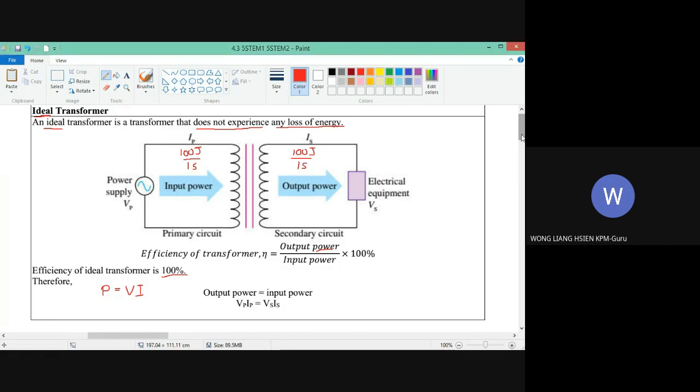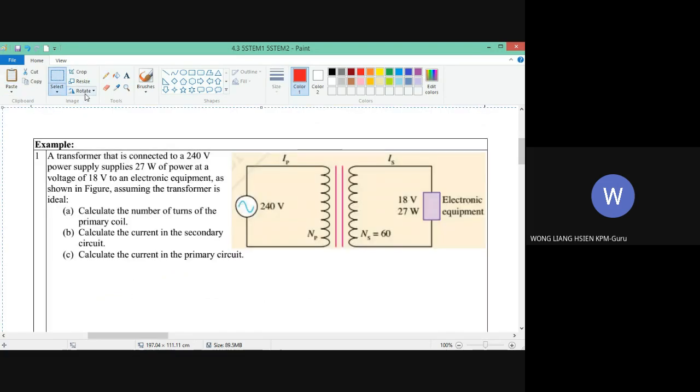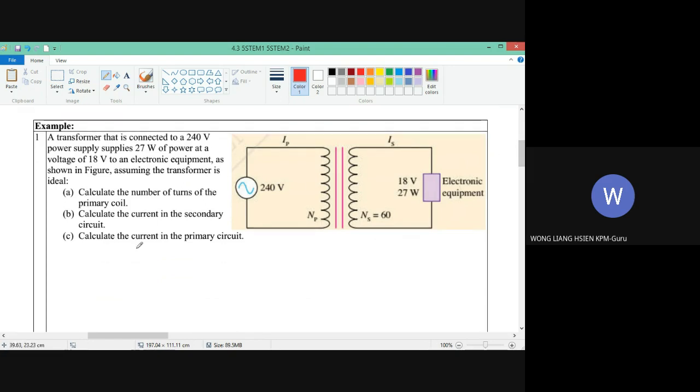Let's look at an example. A transformer that is connected to a 240-volt power supply supplies 27 watt of power at a voltage of 18 volt to an electronic equipment as shown in the figure, assuming the transformer is ideal.